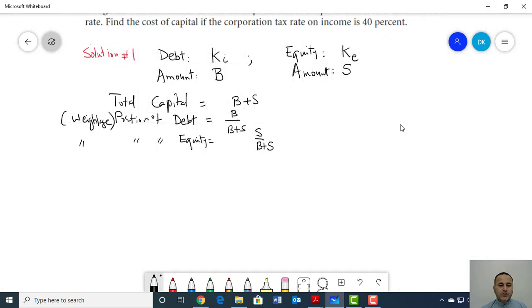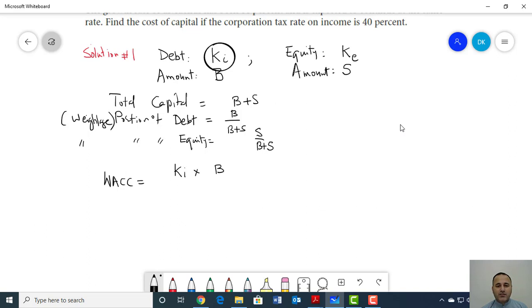Since we know the cost now, the cost for debt is KI, and the weightage of debt is B divided by B plus S. How do we calculate WACC? You multiply cost with its weightage.